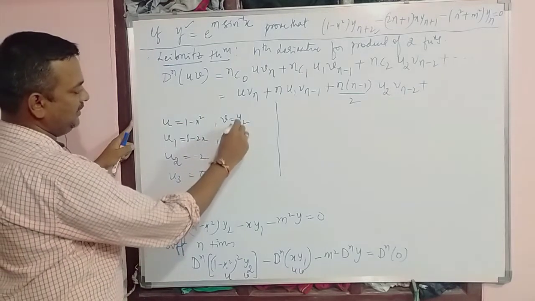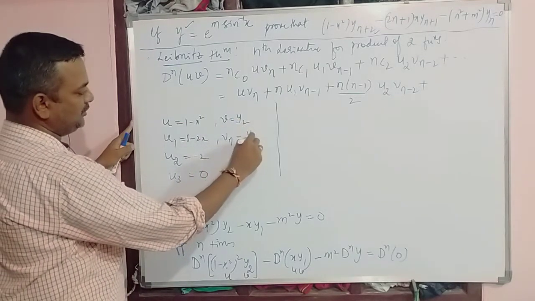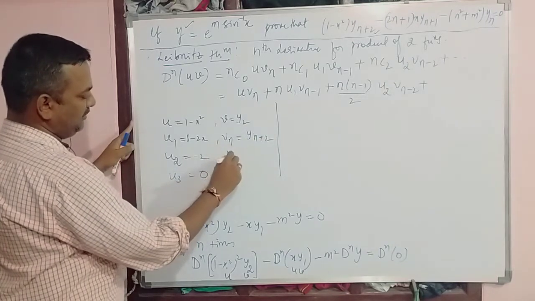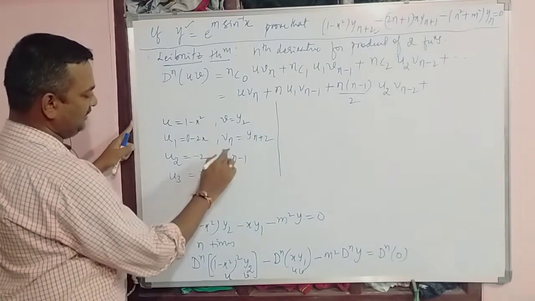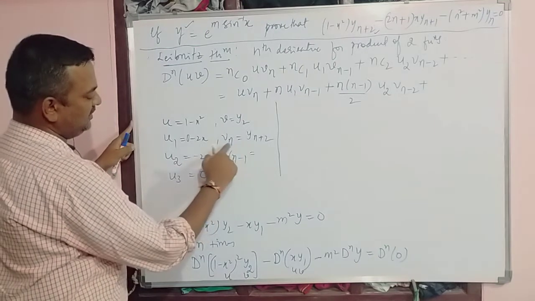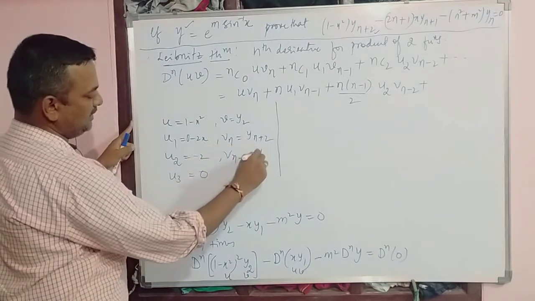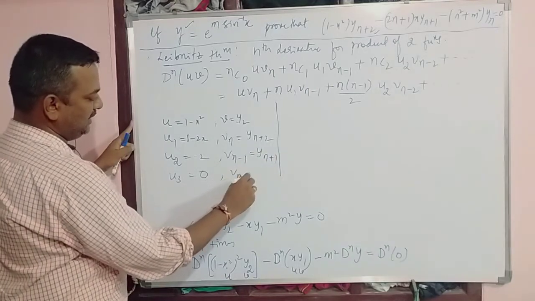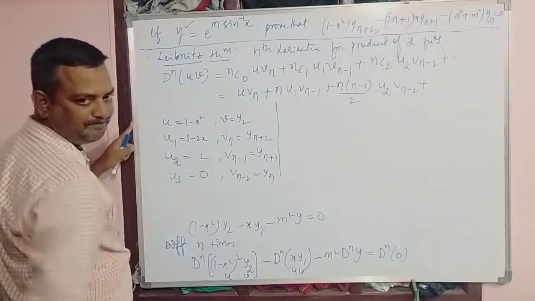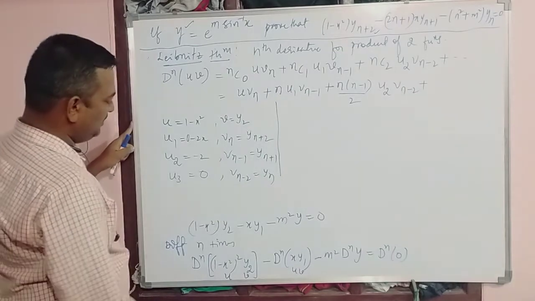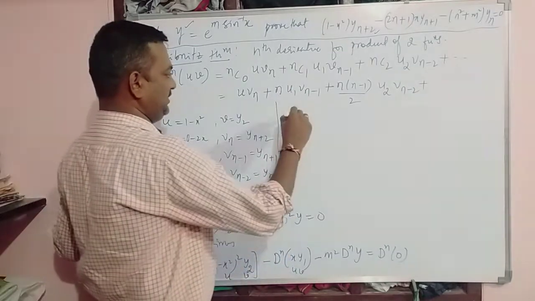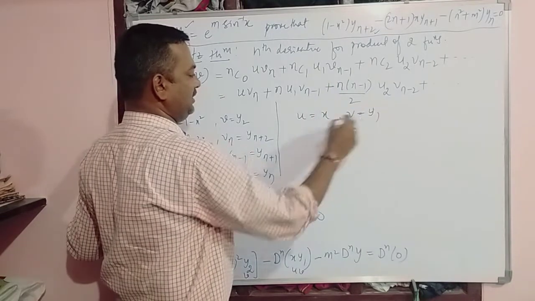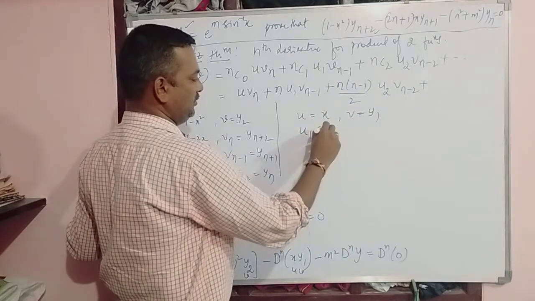What is vn? The nth derivative of y2 is yn plus 2. Next, vn minus 1 is yn plus 1. And vn minus 2 is just yn. Okay, next for this, u is x, v is y1. What is u1? 1.